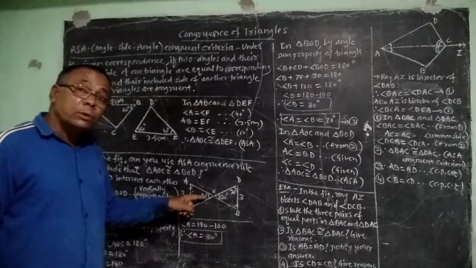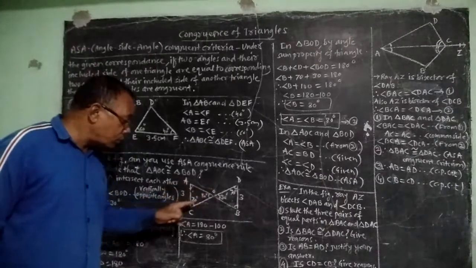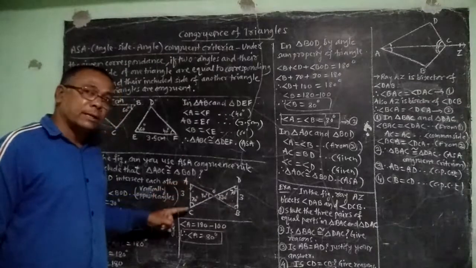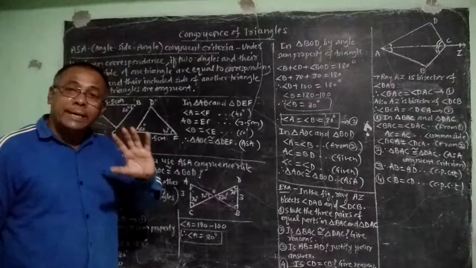So we denote this angle by three letters, angle AOC. So angle A plus angle C plus angle AOC is equal to 180 degrees.